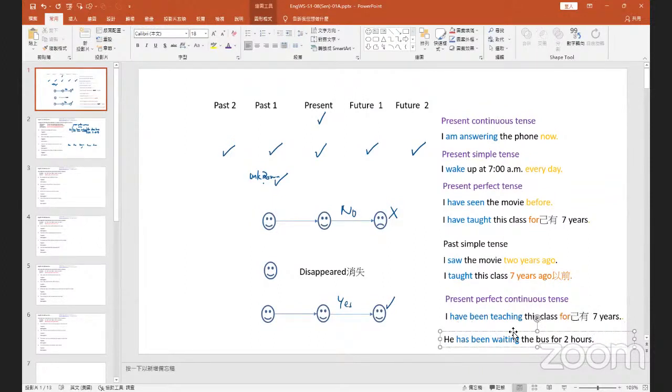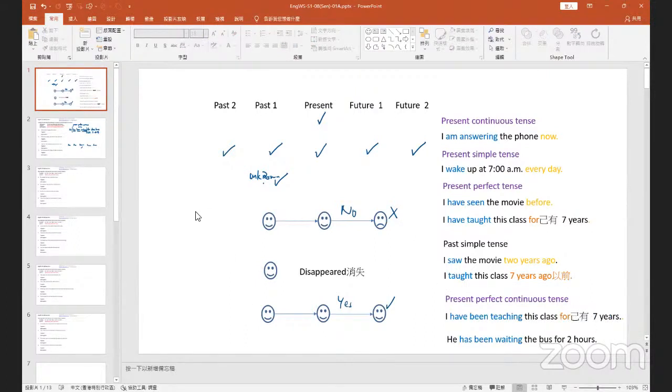So this is the format of present perfect continuous tense. Teach, you change it into have been teaching. Wait becomes has been waiting. Get it?